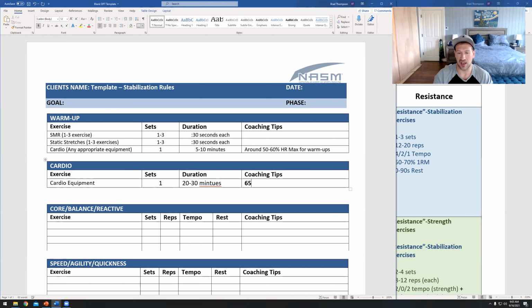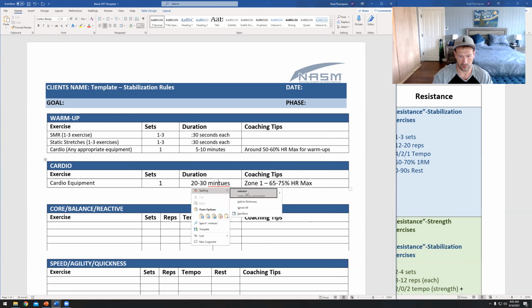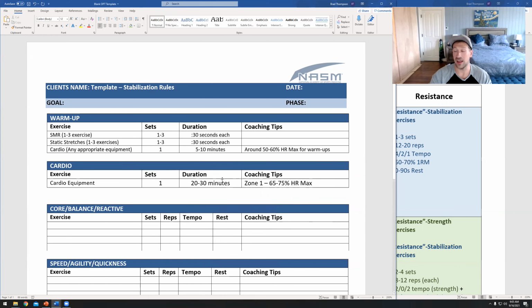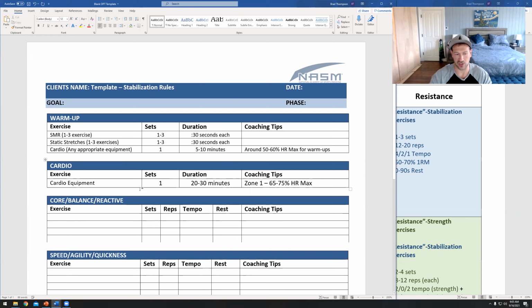And that's going to be at zone 1, 65 to 75% heart rate max. Okay. And there you go. That is how we do that, right? So there's our little cardio section so far.